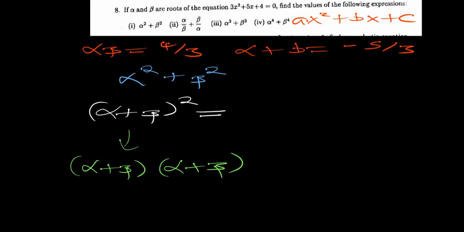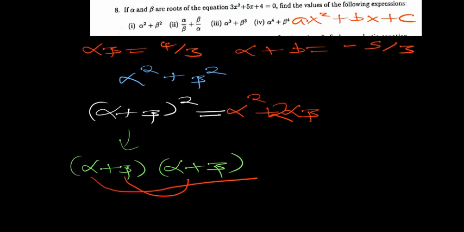But of course, you can multiply alpha with the entire part there, and it becomes alpha squared plus alpha beta. Again, beta times alpha will also be alpha beta. That's why this term comes out twice, so it becomes 2 alpha beta, and then for the third part, it is just beta squared. Cool, right?